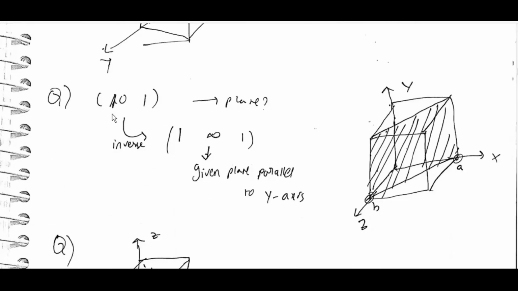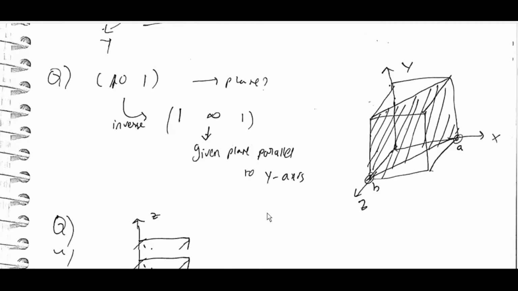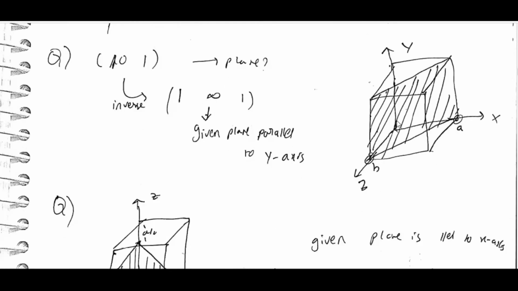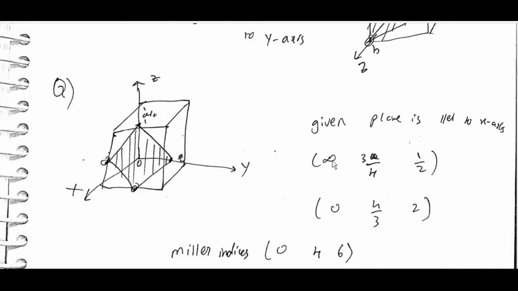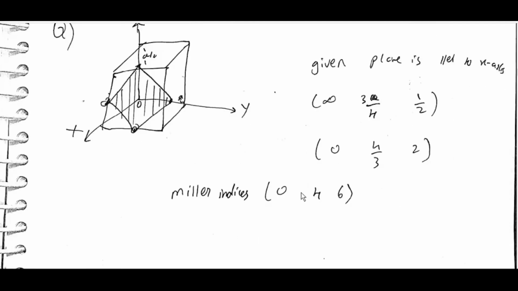If the plane intercepts are 1, infinity, 1, the given plane is parallel to the y axis. This means the given plane is parallel to the y axis. It is like this. For intercepts infinity, 3a by 4, 3 by 4, half, the reciprocals are 0, 4 by 3, 2, so the Miller indices here are 0 4 6.